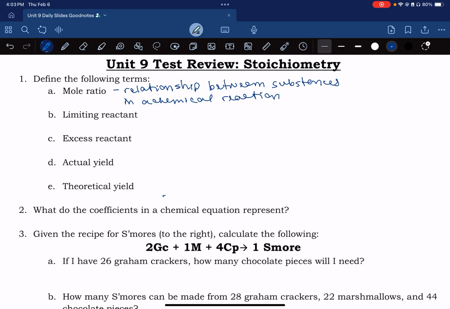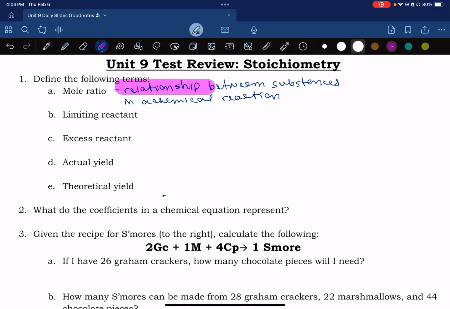Okay, relationship between substances in a chemical reaction. And we use these relationships to convert from moles of one substance to moles of another substance. So that's where our mole ratio comes in. So again, you want to focus on the word relationship because that's what a ratio is in general.